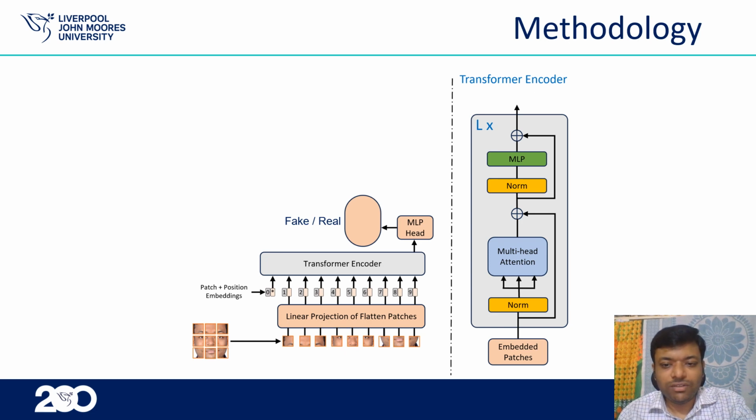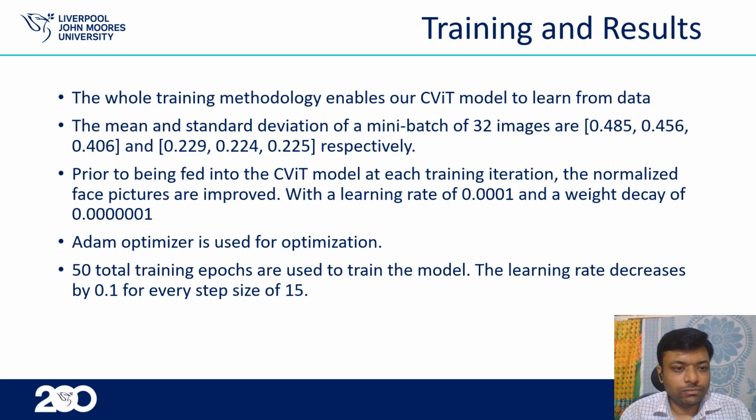Basically, this transformer is a Zen transformer, so we call the complete experiment a convolutional Zen transformer. The whole training methodology enables our CViT model to learn from the data.